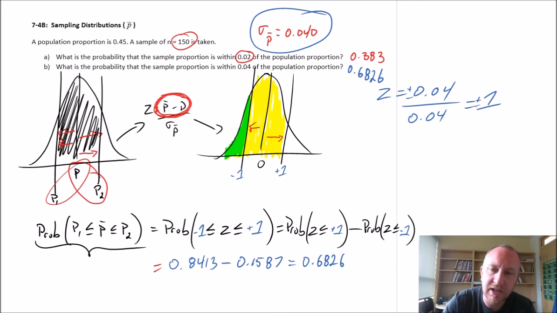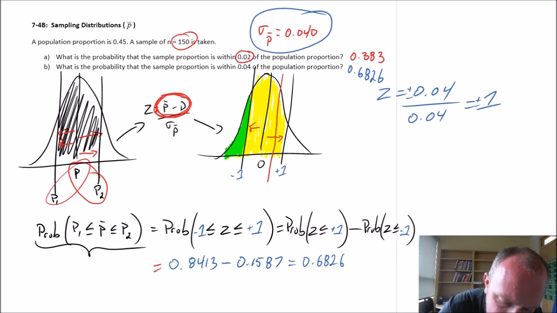0.6826. So as my interval gets wider, the probability that my sample proportion falls within that interval increases, because my interval of interest has increased, right? This is looking at, here in our z distribution, plus or minus 0.1, compared to, let's say, plus or minus 0.5.